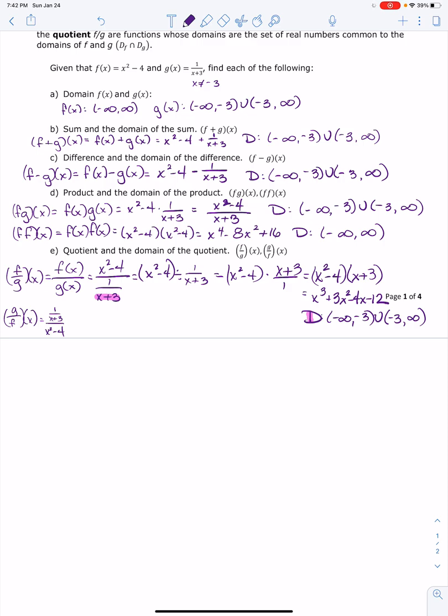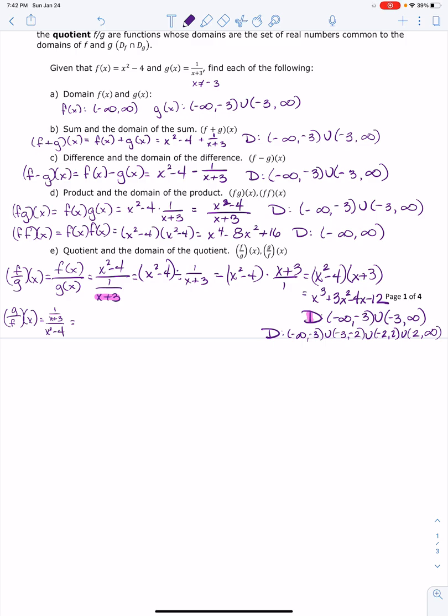So here, this domain is going to go from negative infinity to negative 3, negative 3 to negative 2, negative 2 to positive 2, and positive 2 to infinity. That's basically just saying we cannot use negative 3 or plus or minus 2.